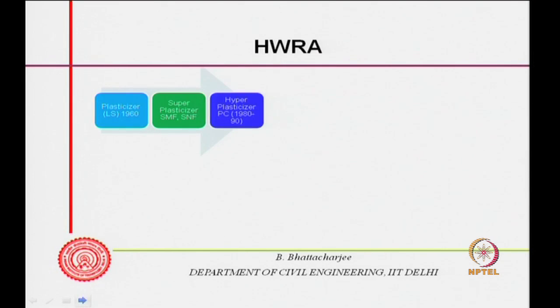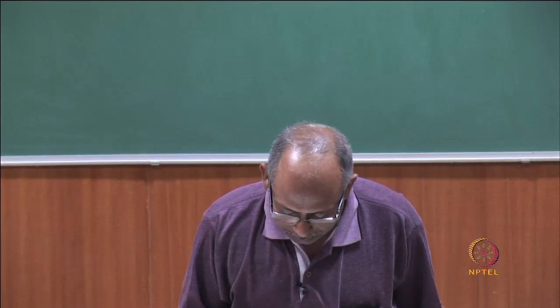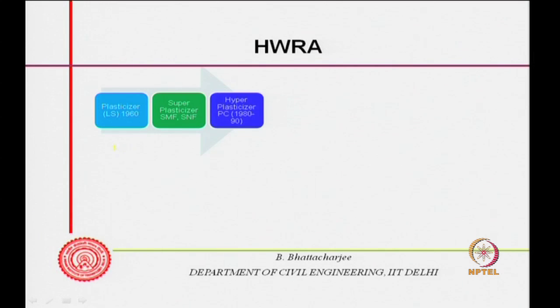and this was possible because of very high range or ultra high range water reducing agents. If you look at the plasticizers from 1960, super plasticizers, basically sulfonated melamine formaldehyde and sulfonated naphthalene formaldehyde, they are actually 1970s, and then polycarboxylate ether, that was 80s and 90s.